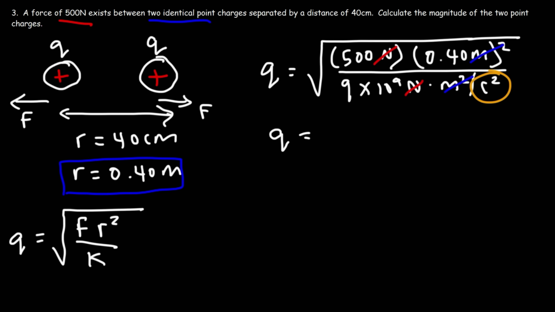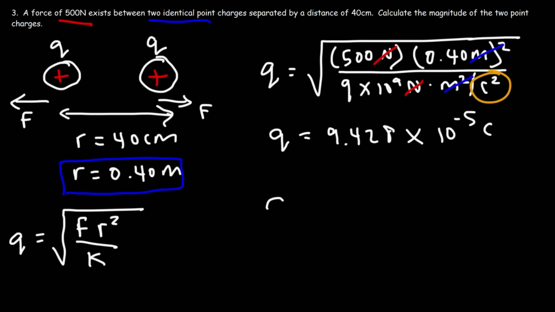So let's go ahead and plug this in. So it's the square root of 500 times 0.4 squared divided by 9 times 10 to the 9, all within the square root symbol. So you should get 9.428 times 10 to the negative 5 coulombs.